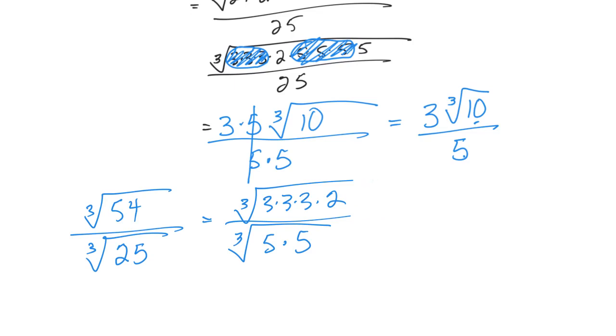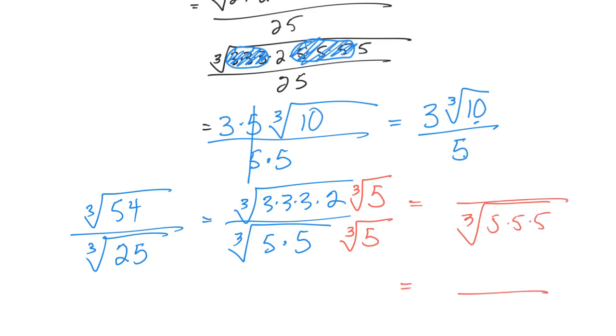Well, I already have 2 5s there, so really all I need to do is multiply top and bottom by another cube root 5. Because then on the bottom, I'm going to have the cube root of 5 times 5 times 5, which on the bottom will just come out to be a 5.